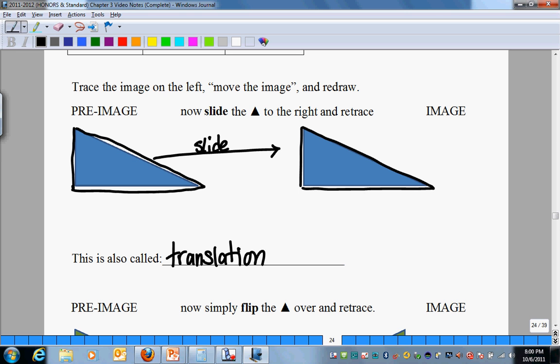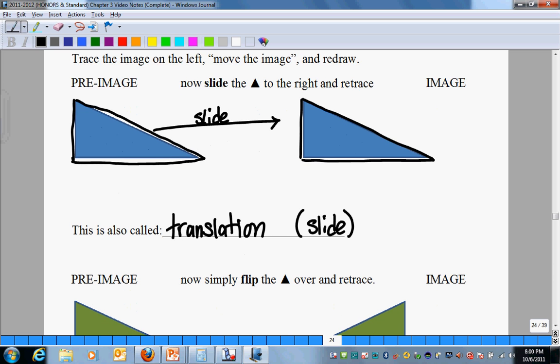So translation means to slide a shape, either right, left, up, down, diagonal. It just means to slide. That's the first motion.